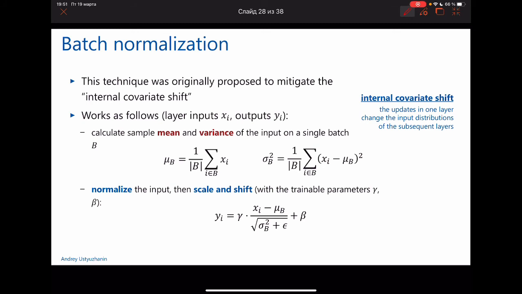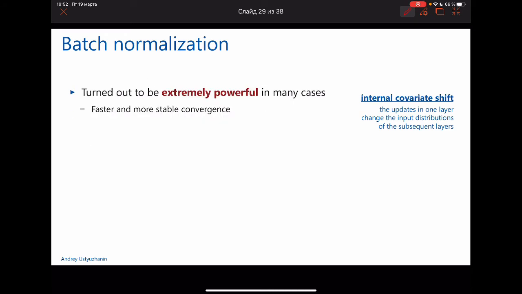Then we normalize the input and then scale and shift it with the trainable parameters gamma and beta in the following way. And this is it. We just normalize the batch values in the training sample.